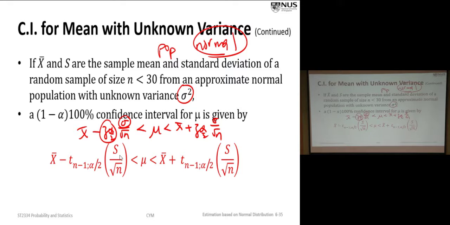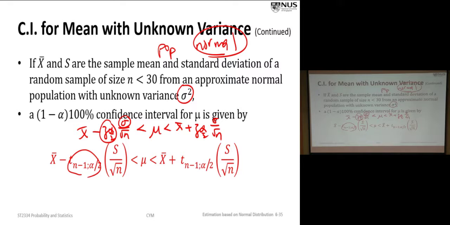Here, x bar minus mu over s over root n follows a t distribution. So this comes from the t distribution. In fact, if you check, the interval obtained here usually is larger than the interval obtained when sigma is known.